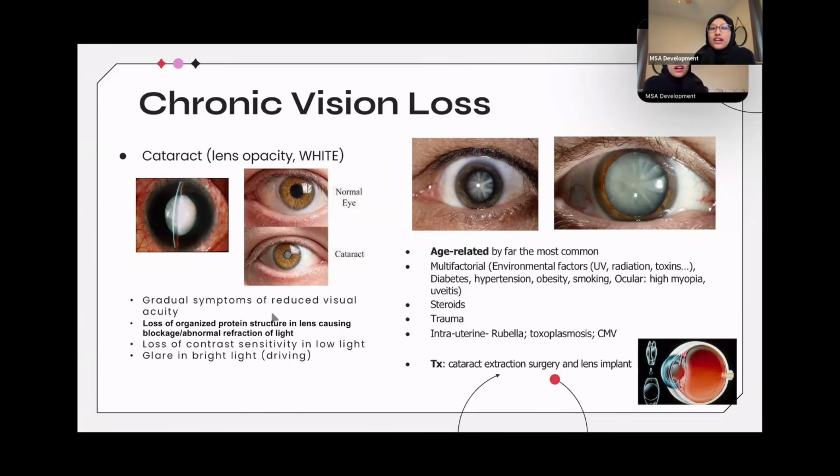Okay, because again, a cataract is not normal. It's blocking that sort of light. The treatment for cataracts is very easy. If you see that white lens, you just remove that lens and then do a lens implant to fix that.